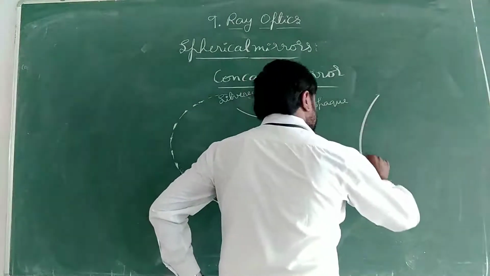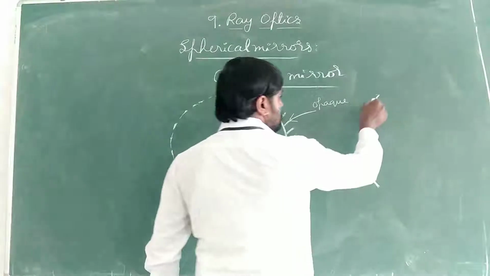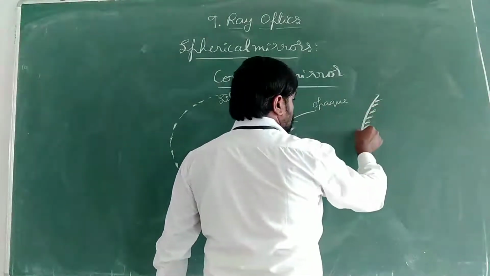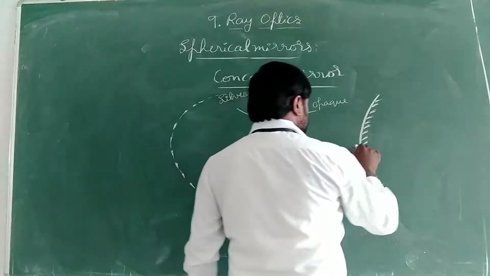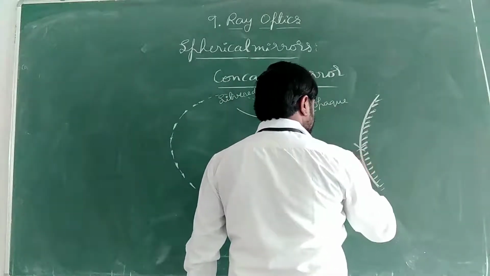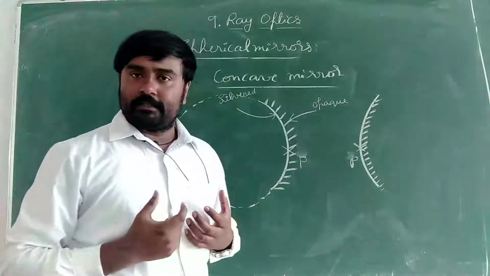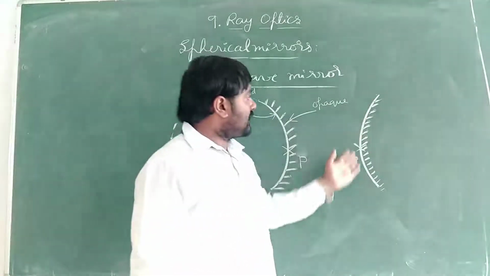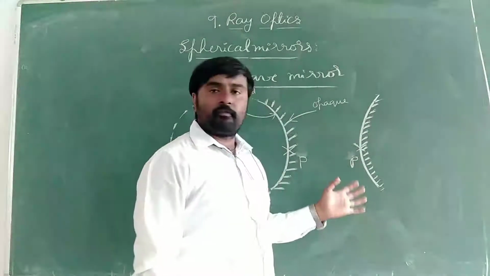So this is concave and this is convex. Convex mirror means the light gets reflected from outside the surface of a part of a hollow sphere.